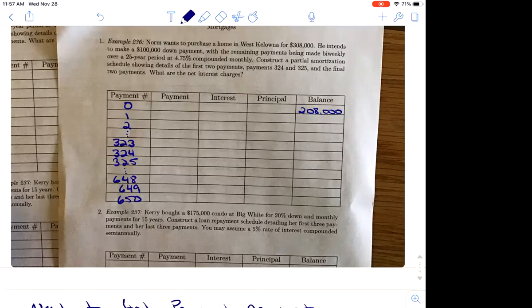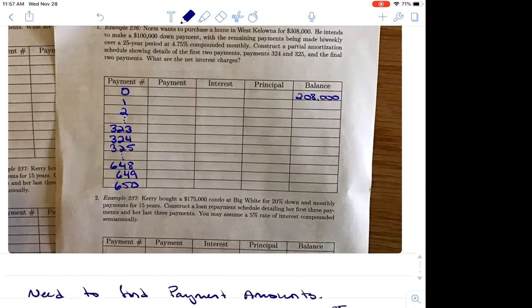So you can just use your calculator to find the future value at 323, and that's going to be the balance after 323 payments. And then you have that, and now you can fill in 324, 325. Same thing for the last two payments. You can set your number of payments, N, to 648 and calculate the future value. And then you'll have the balance just like that. Fun, right?